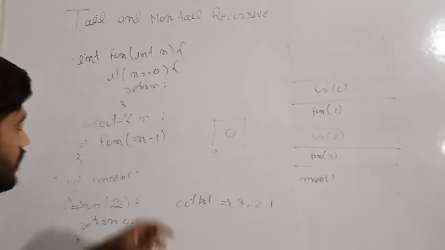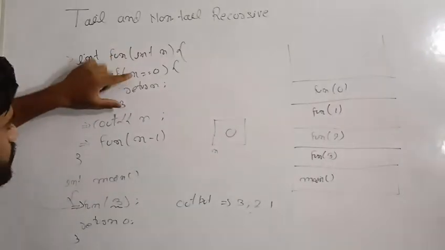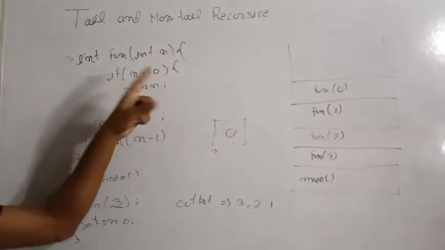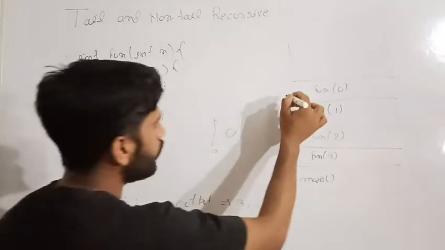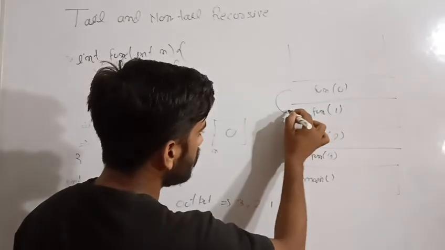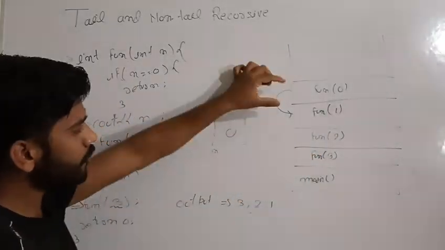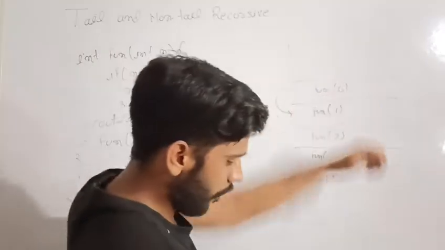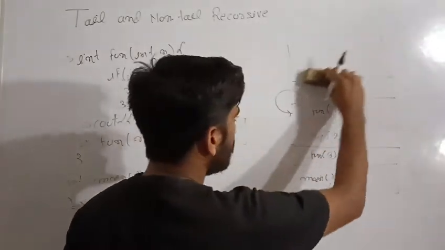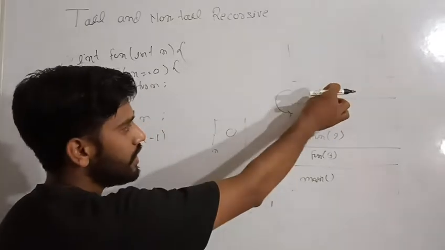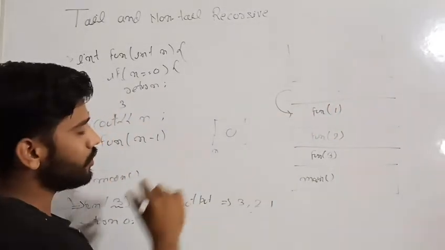Now it will check here: n is equal to 0? Yes, n is equal to 0, so it will return. When it returns, this frame will be popped out. There is no n stage for the function func 0.